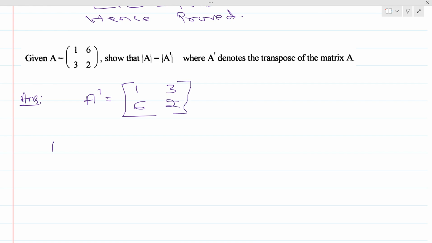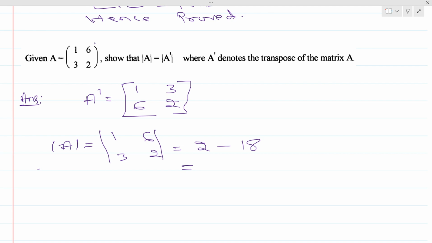So how to find the determinant of A? Determinant of A is 1 into 2 is 2, minus 6 times 3 is 18.